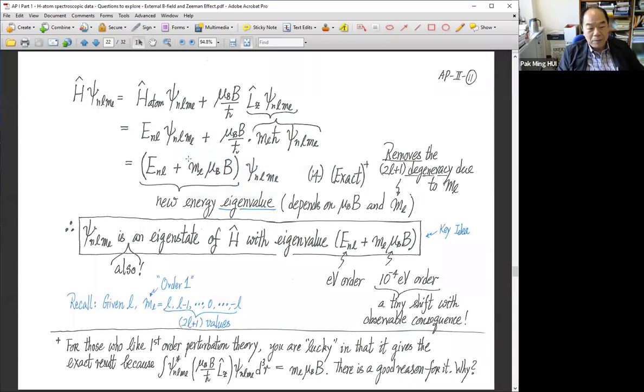Thereby, you pick up this extra term in the energy, even if you apply first order perturbation. That's fine. Even if you don't realize that it is exactly solvable, you apply first order and you get the exact result because it's the same procedure. Or else you can say that first order perturbation already is exact.